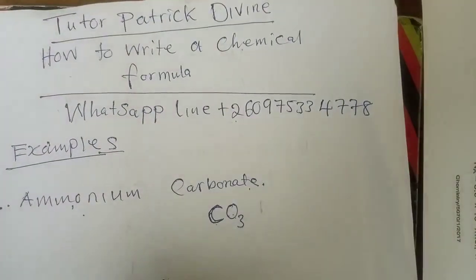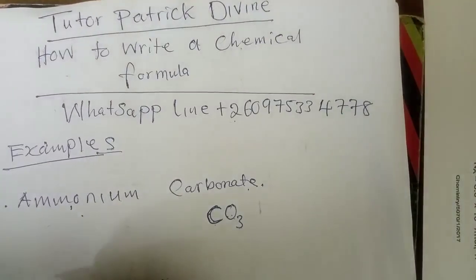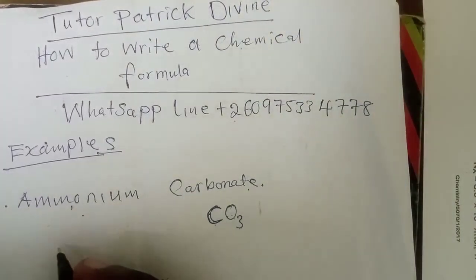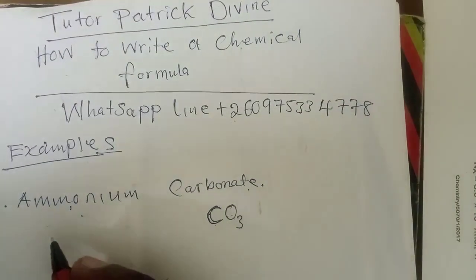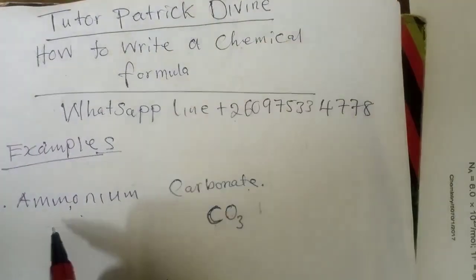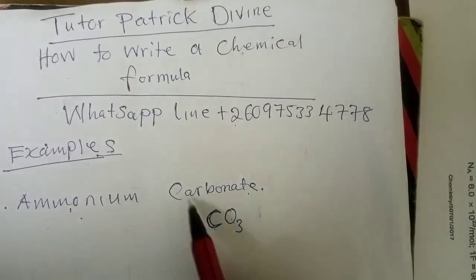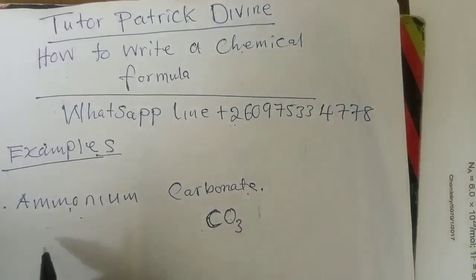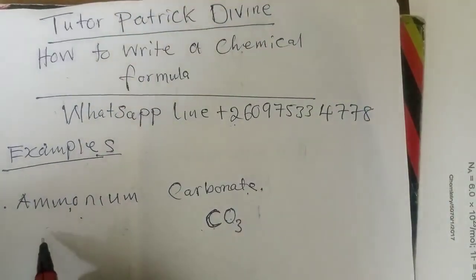And here, ammonium. You may be thinking that the chemical formula for ammonium starts with A, simply because carbonate started with C. No, that is a big no. You need to know this formula.